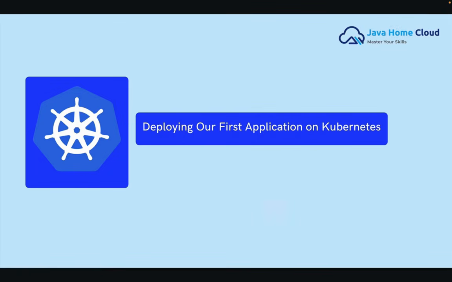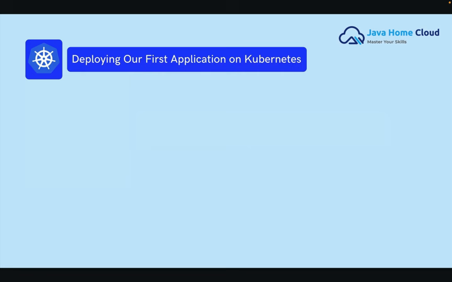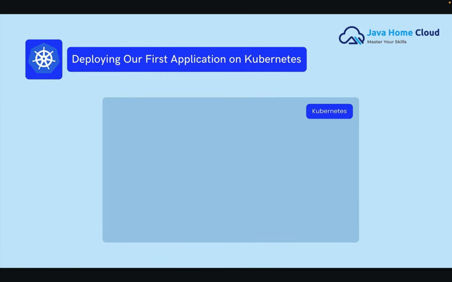It's time to deploy our first application on Kubernetes. To do this, we need to understand the basic building block, that is the pod. A pod is the smallest unit of deployment. A pod can contain one or more containers. Mostly, we see applications deployed on a pod with a single container.